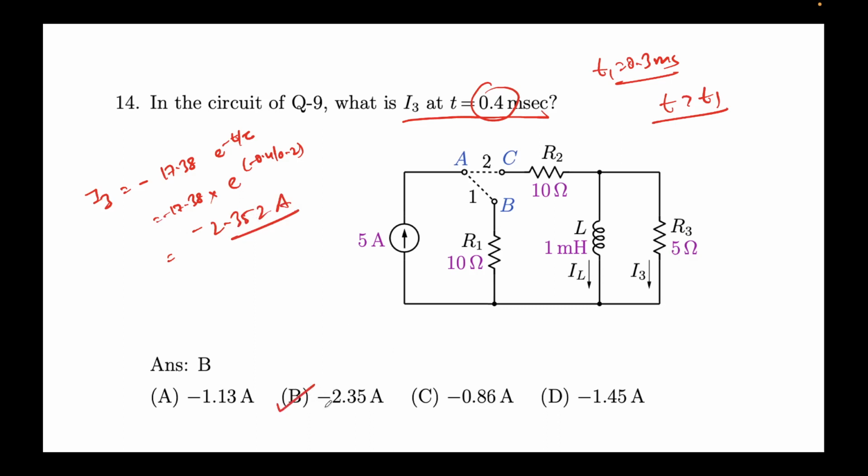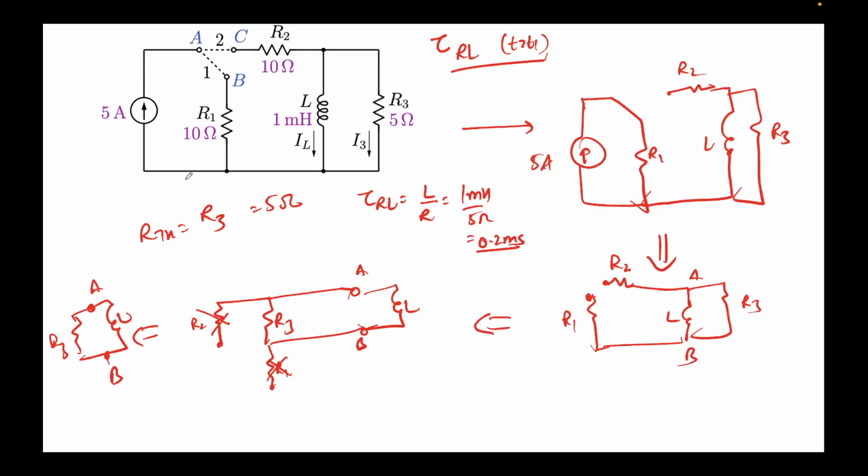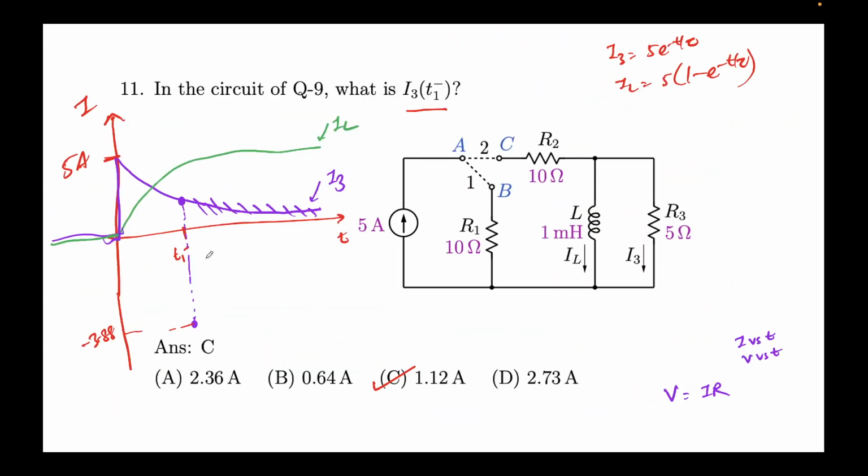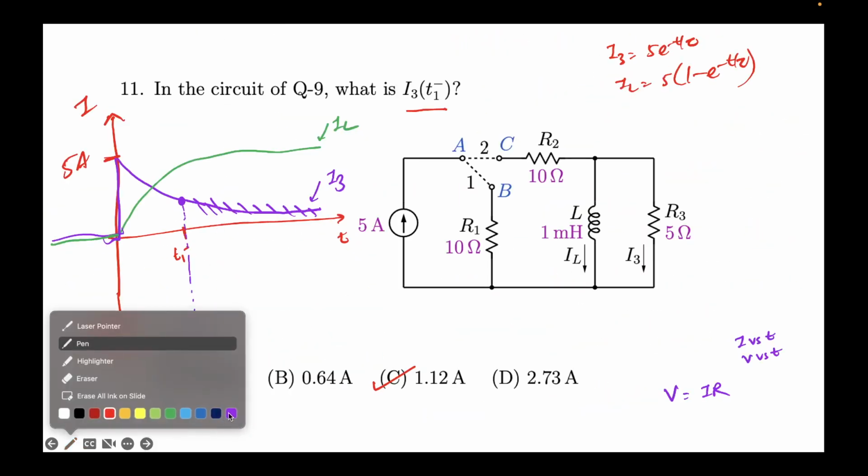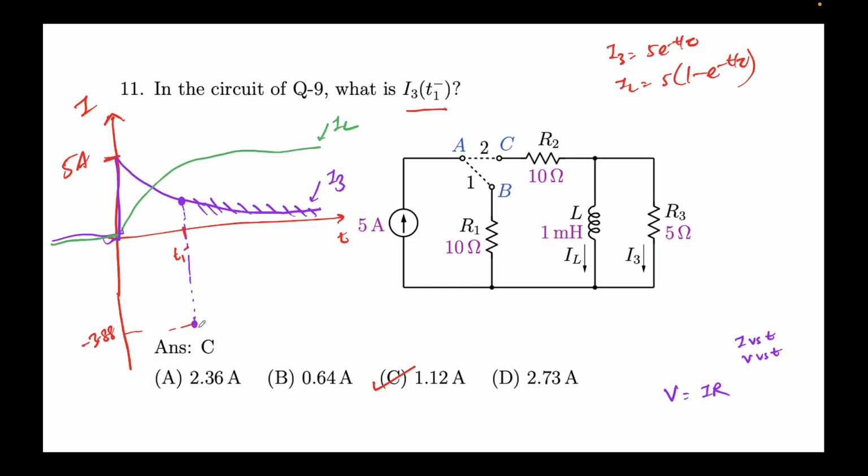Option B. Again, we know the form is decaying, e to the power minus t by tau, and it eventually saturates at minus 17.38. If I complete this picture, it will again continue to decay like this and saturate at minus 17.38.